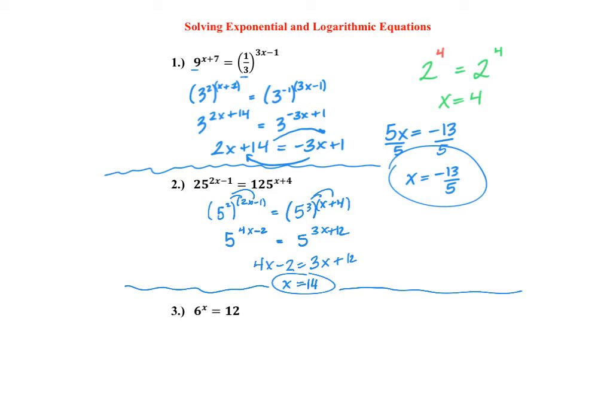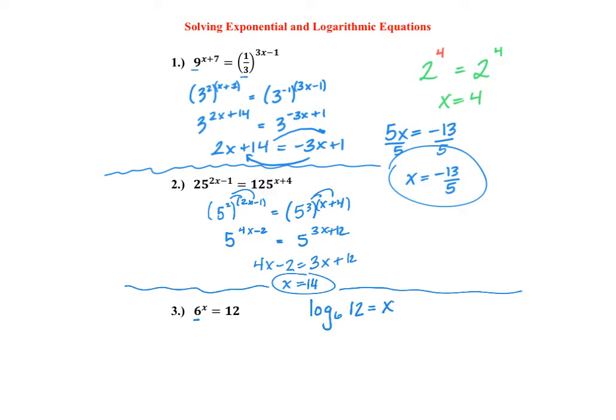I'm going to rewrite this equation in logarithmic form. So my base of my exponential expression is going to be the base of the log. So I'm going to write this as log base 6 of 12 because I know the exponent, that x up here, is always going to go by itself.